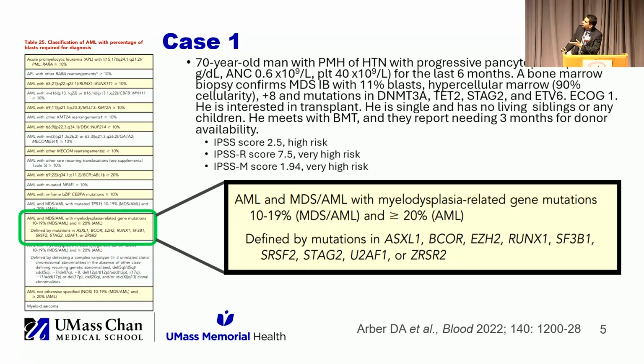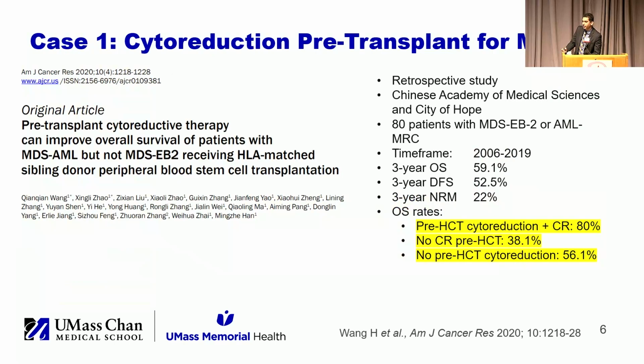So I would like to respectfully focus on the blast enumeration in case number 1 to support the case. For case number 1, there was this article. It was a retrospective study by the Chinese Academy of Medical Sciences and the City of Hope, looking at 80 patients, over about a 13-year period. What they found is that, just in brief, if patients achieve complete remission with pre-transplant cytoreduction, their 3-year overall survival was 80%, and that's highlighted in yellow.